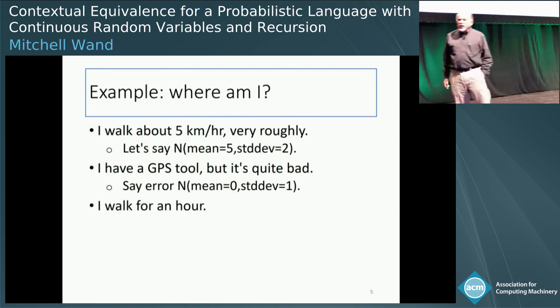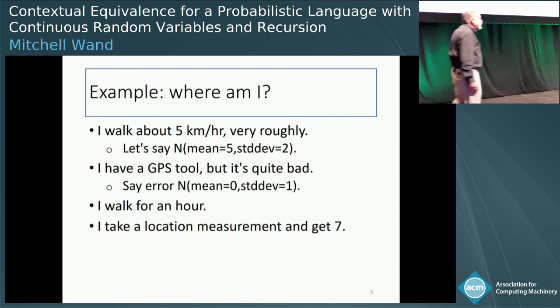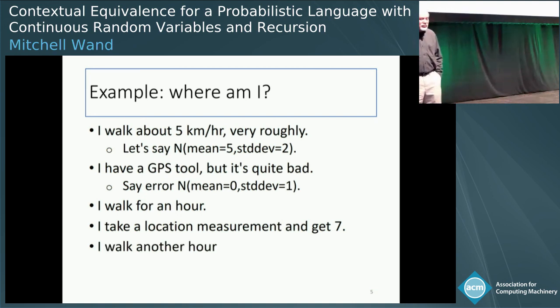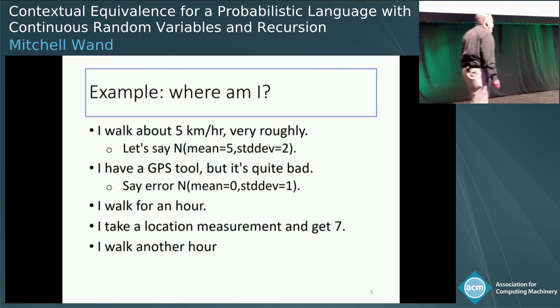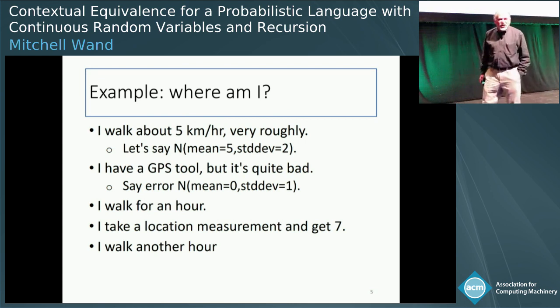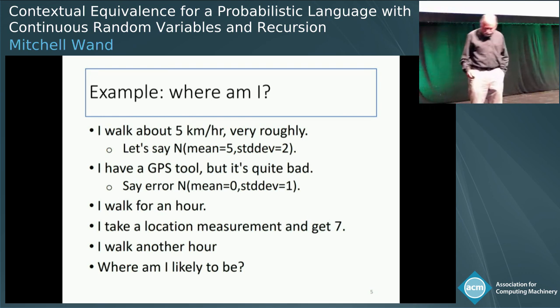So I walk for an hour, and I send back a measurement from my GPS saying that I have gone 7 kilometers. We do assume that I'm walking in a straight line. I walk for another hour, at which point the helicopter is supposed to come and pick me up. Where should that helicopter go? Where am I likely to be?